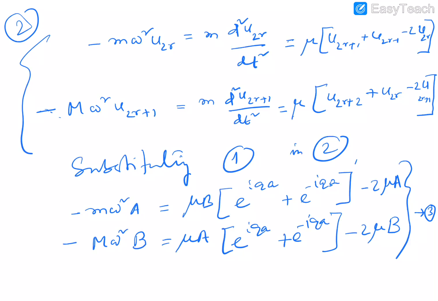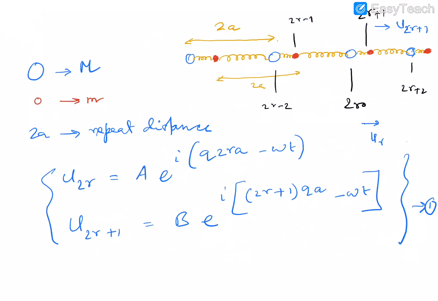So that you know, and we are now writing it for the two different equations. So 2r we have considered for small m. So here I think we have to, I've just changed it actually. So 2r is the small m, so I think we have to shift one. So this is small m and this is capital M, and so on. This will be plus 2 and this will be plus 3.